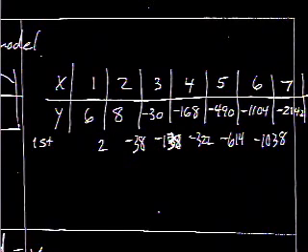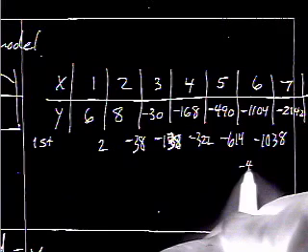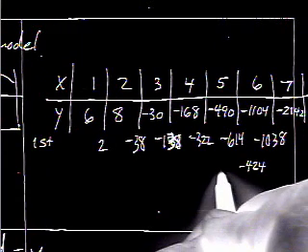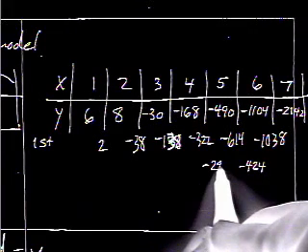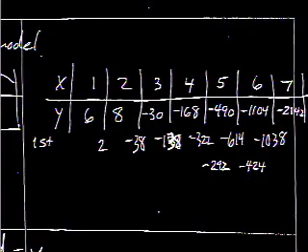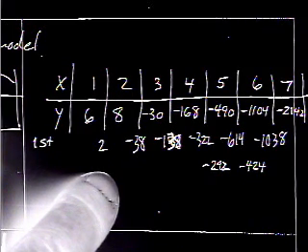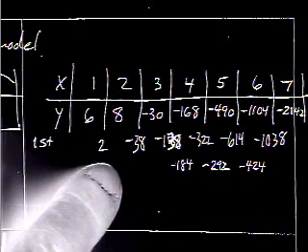So I've got negative 1038 minus negative 614, negative 424. Negative 614 minus negative 322 is negative 292. Negative 322 minus negative 138, negative 184.